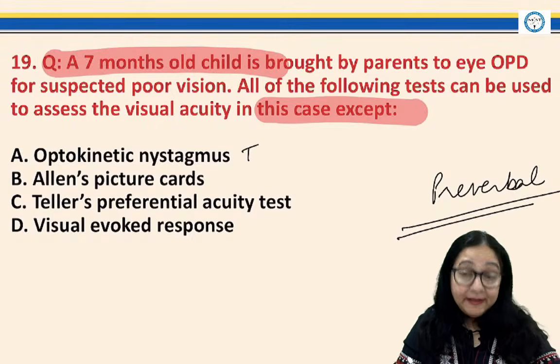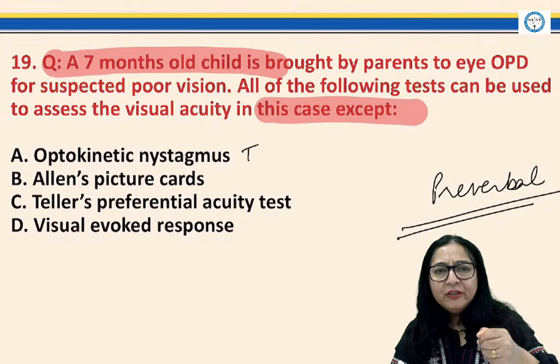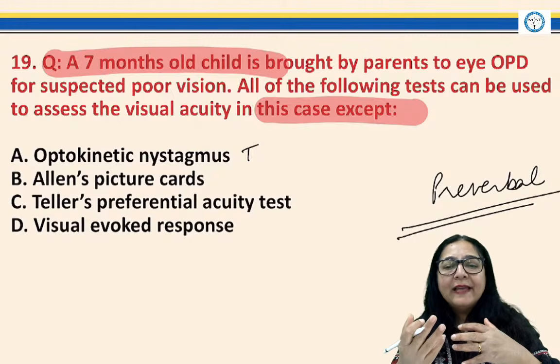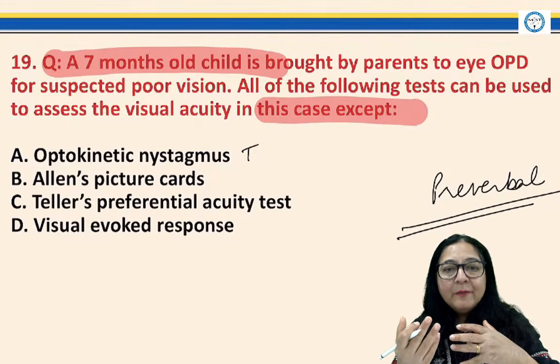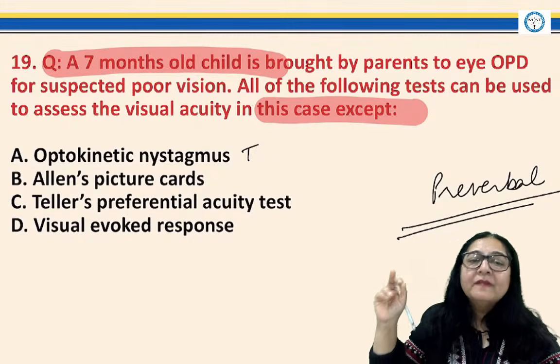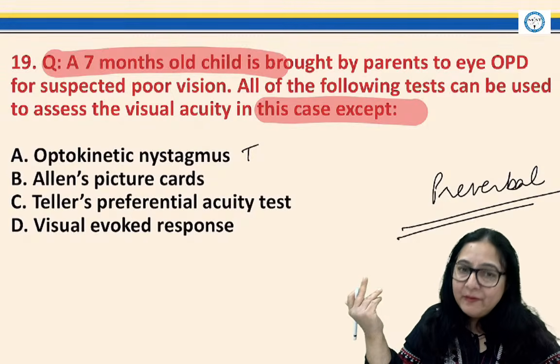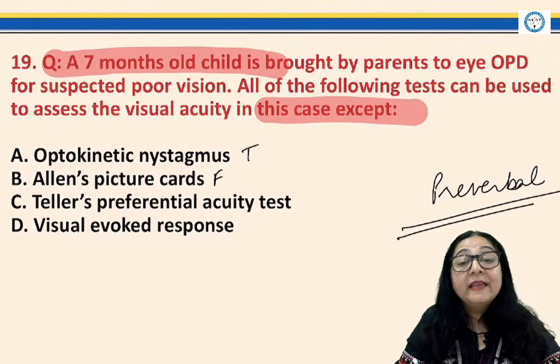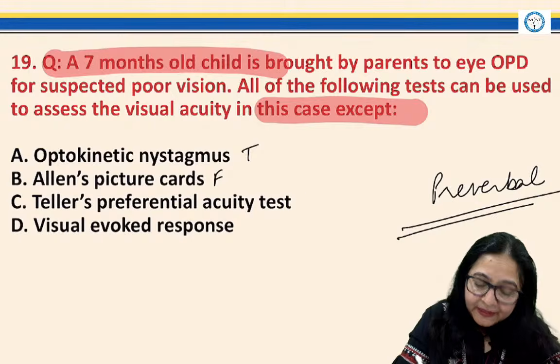Allen's picture cards. Now you show picture cards to the child and you expect the child to match the cards or to tell whether this is the same picture, which is not possible for a child who is just 7 months old. So this is not the correct test in this age group. Teller's preferential acuity test, yes, that can be done.